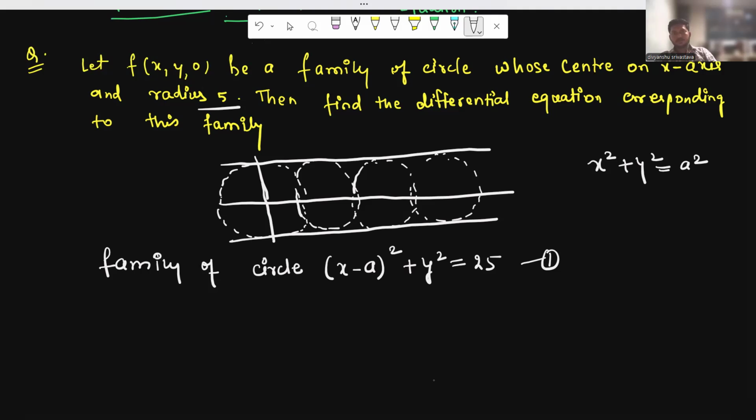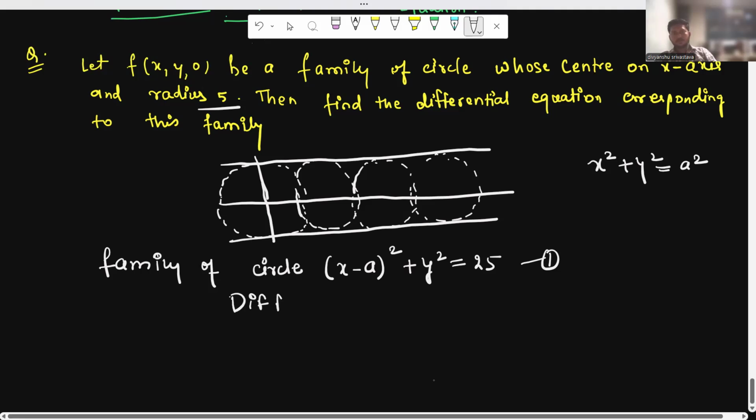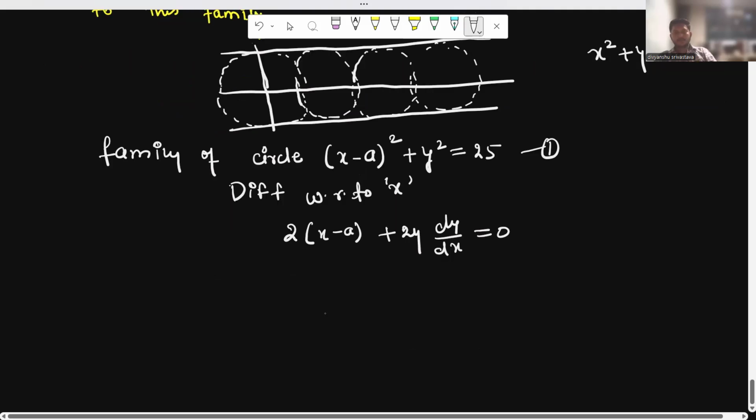So now move on to the differential part. Now differentiate with respect to x. And what did you get? You got 2(x minus a) plus 2y dy upon dx, which is equal to 0. So x minus a is equal to minus y y prime.